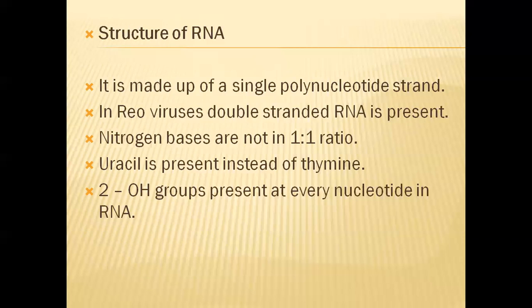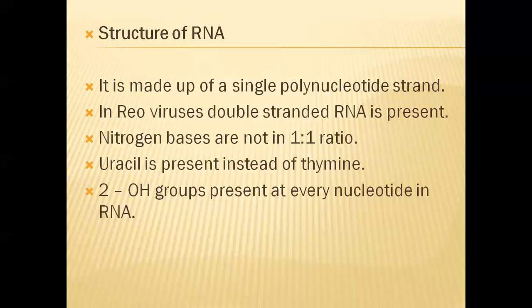And the nitrogen bases, guanine, cytosine, thymine, uracil, that is purines and pyrimidines, are not in a 1:1 ratio. In DNA, when a purine is present, compulsorily one pyrimidine is present.